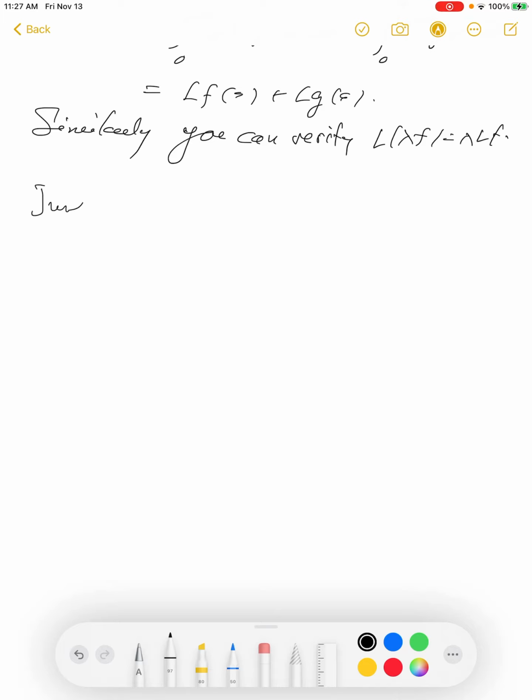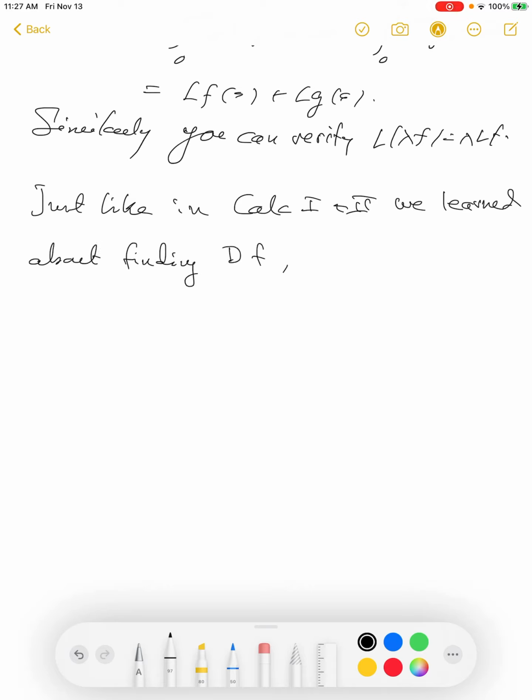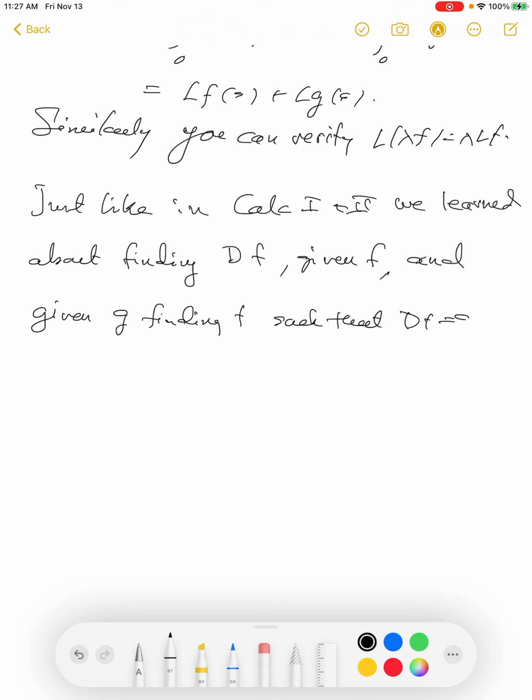So just like in Calc 1 and 2, we learn about finding df given f, and this was the differentiation, and given g, finding f such that df is g.